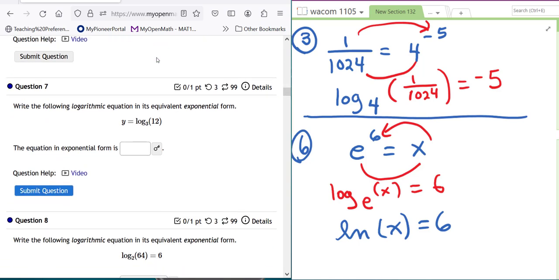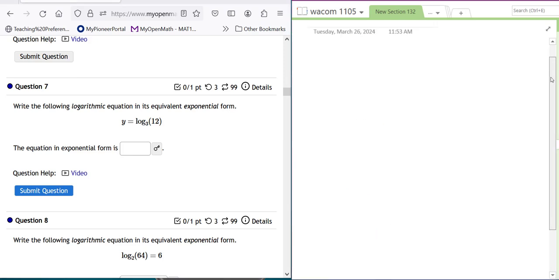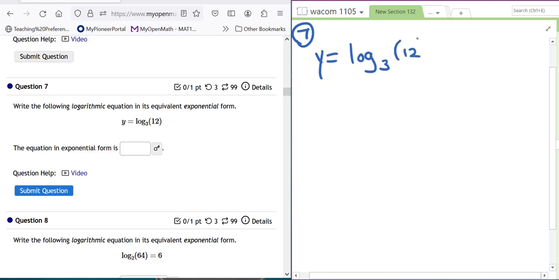All right. Now, let's see. The following logarithm. Now, here's some that's going the other way. So we can look at a few of those. What's my time like? All right, we're doing okay. Okay, so y equals log base 3 of 12.